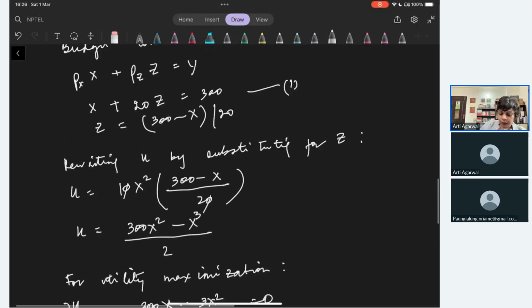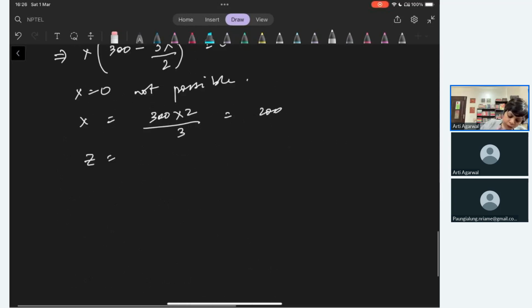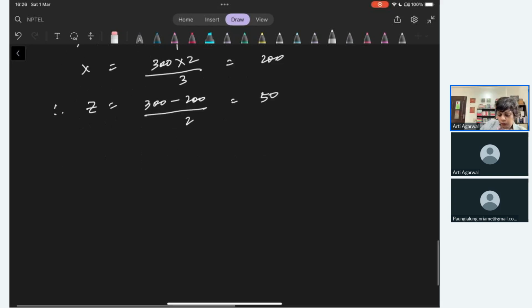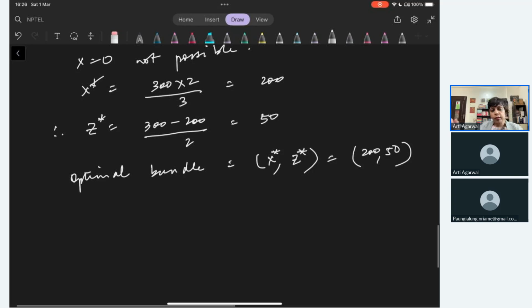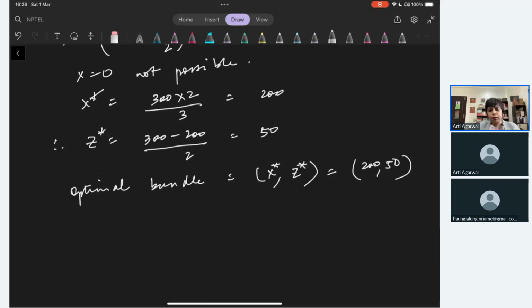Z is 300 minus x by 2. So this is 300. So you get the optimal bundle. If you want, you can write it like this. You can use x star and z star as the optimal consumption bundle.